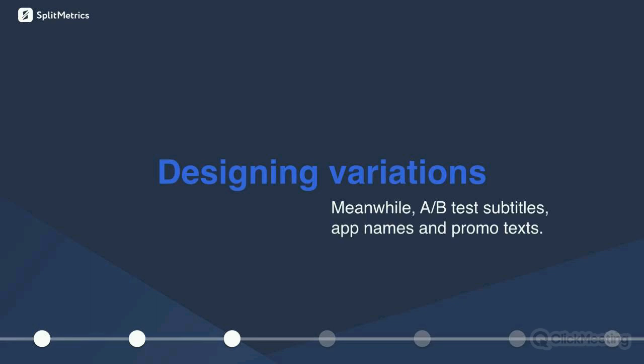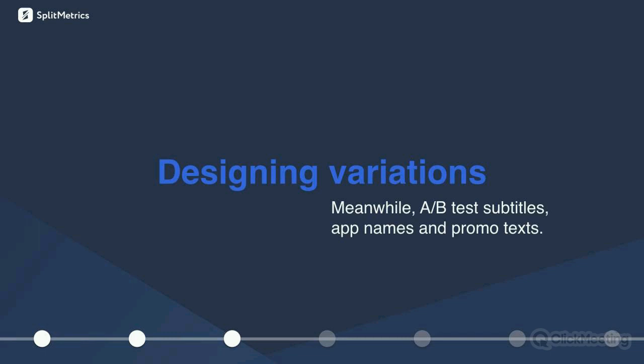And once you've come up with variations and layouts based on the hypothesis, you should prepare a technical design specification and proceed to the next step of the A/B testing workflow, which is designing variations for your experiment. And the designers have all the fun here.